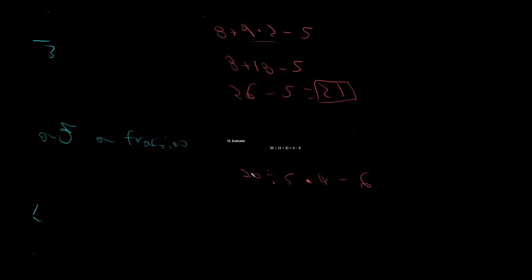Then we have multiplication and division from left to right. So we have 20 divided by 5, which is just 4. Then 4 times 4 equals 16. Then 16 minus 6 is equal to 10.